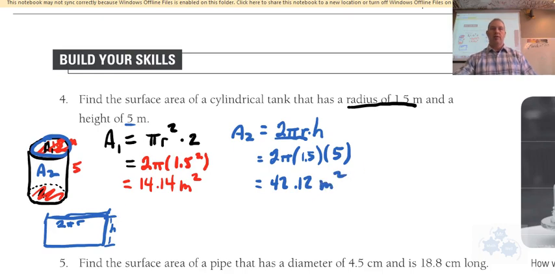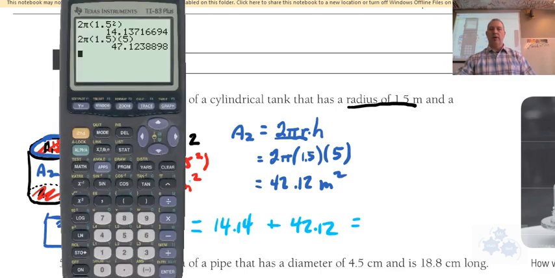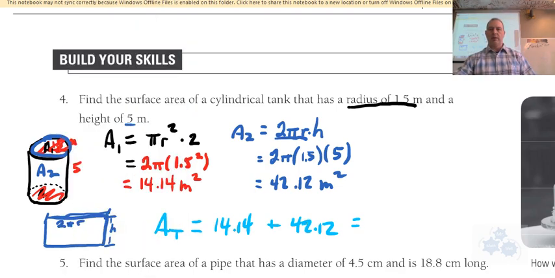So area total then, what color should we do that one in? Different blue. Area total is going to be 14.14, that's the top and the bottom, plus 42.12, and that should give us what? Oh, 47.12. My bad, I can't read my own writing there.